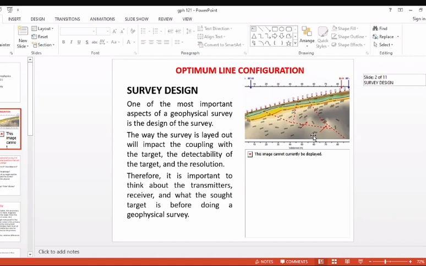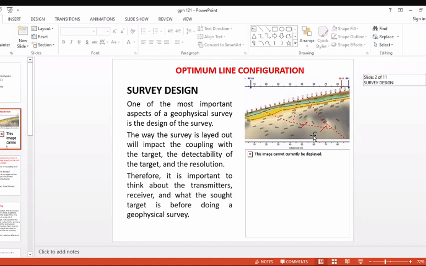So it is essential that a reconnaissance survey should always precede our data acquisition. We must do reconnaissance with the geology of that area. In fact, you just don't start collecting data.